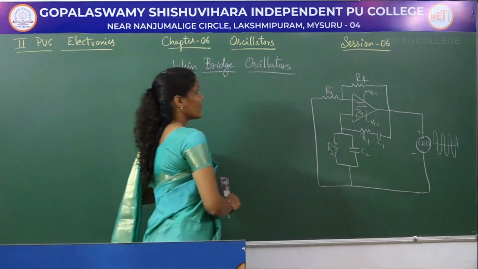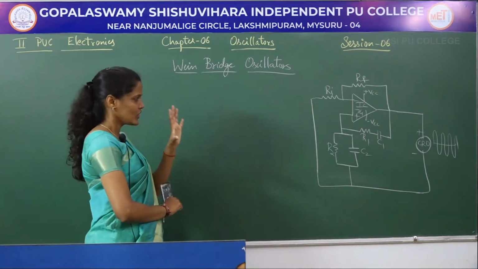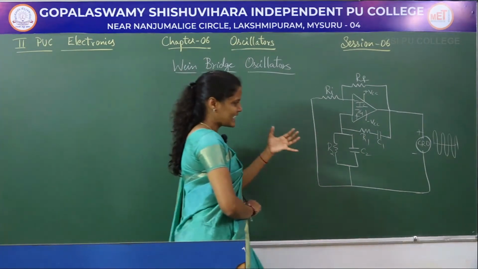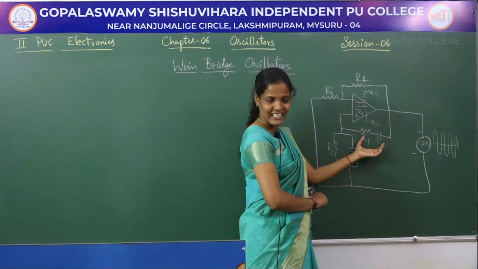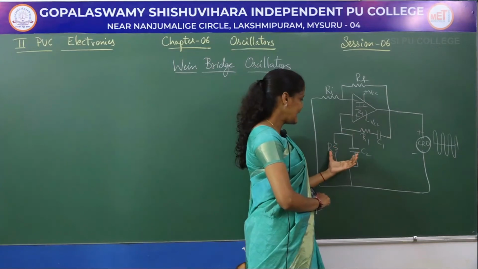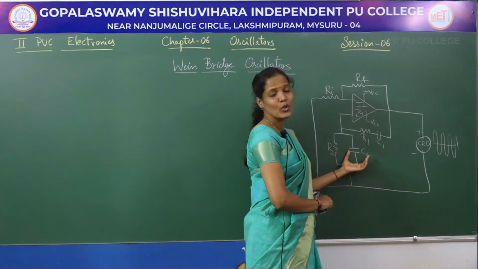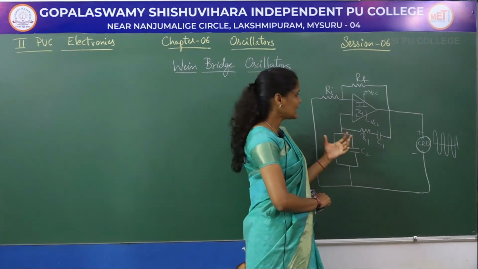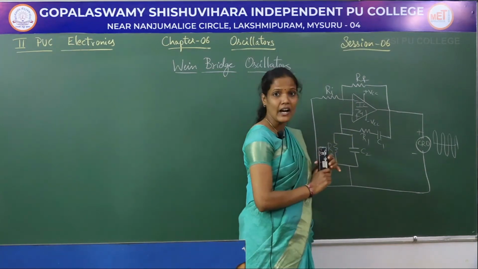Here, Wien-Bridge oscillator. One of the bridges contains R and C which are connected in series. The other bridge contains R2 and C2 which are connected in parallel. The other bridge contains Ri and Rf.